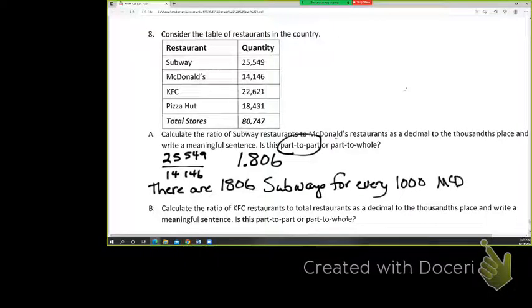Since it's for the thousandths, and there are more Subways, that's why it's a whole number, so we should expect that. Now, someone might also say there are nearly 2 Subways for every McDonald's. That would also be true, right? But we still need to give that 1.806 number because we were asked for that.